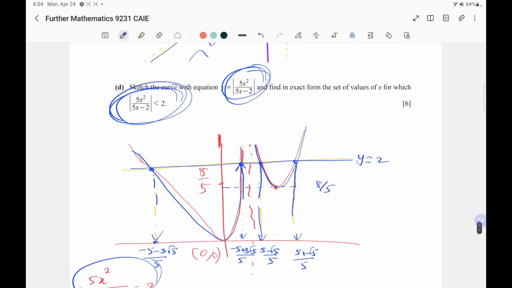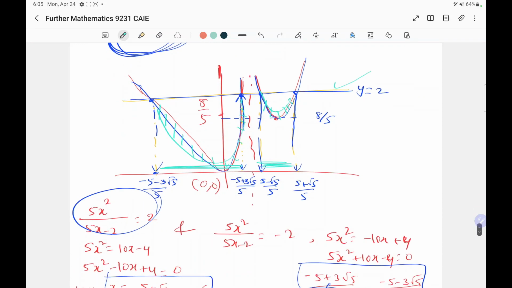Now this is smaller than 2, so the lower curve we need to find, lower than this line. So lower than this line, this curve is valid, as well as this curve is valid. So for getting this curve, we have to move from here to here, right? And for getting this curve, we have to move from here to here.